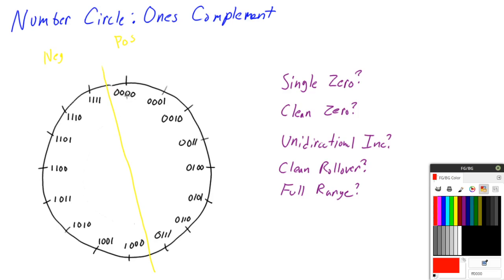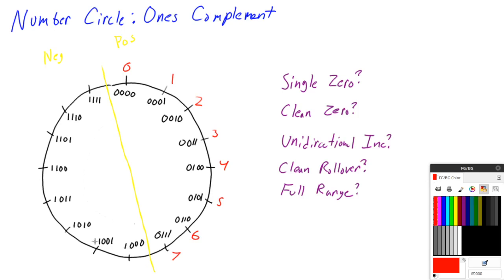So that means this right side is all just kind of like regular unsigned. 1, 2, 3, 4, 5, 6, 7.